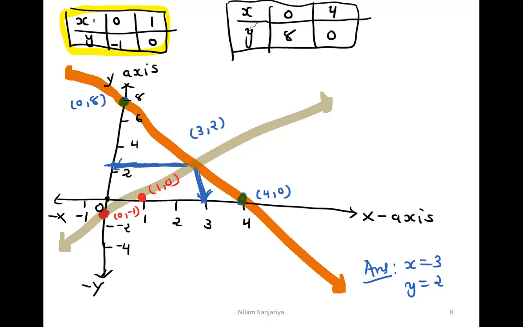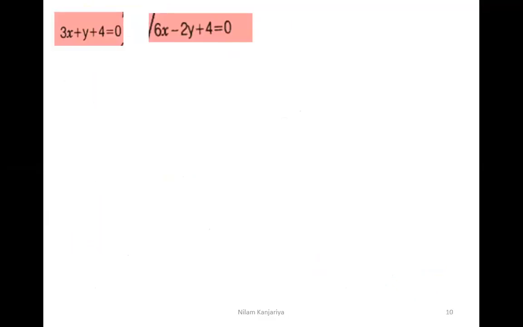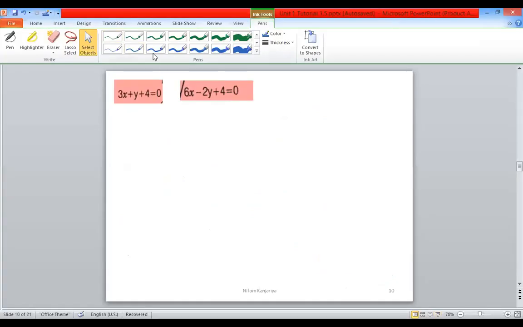Now I think you understand. You told me you understood all this method. So you tell me the answer of this next question. This is your 3x plus y plus 4 is equal to 0. You tell me its common point. Don't worry, these lines are intersecting lines.